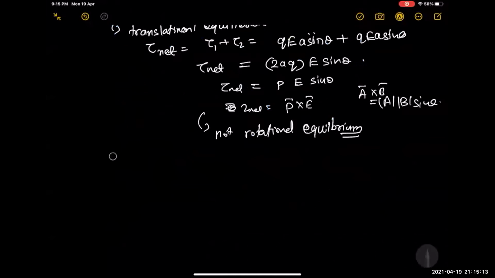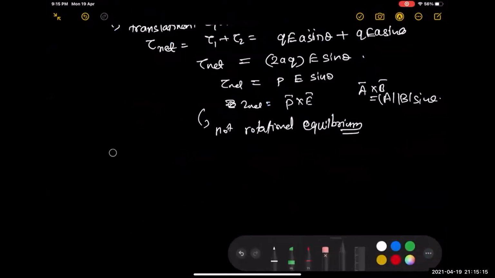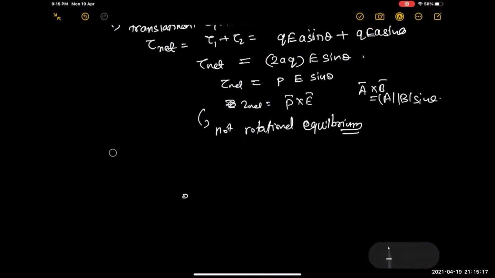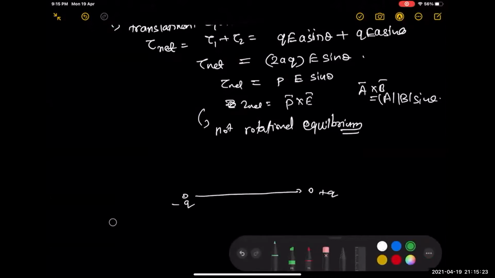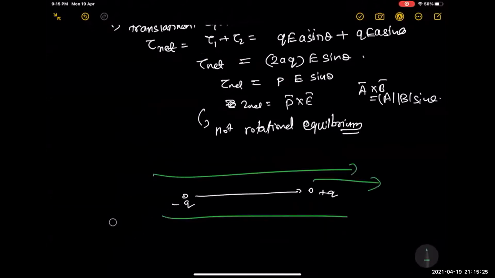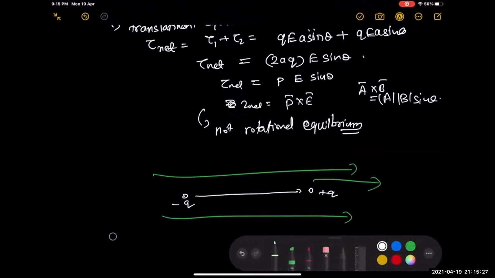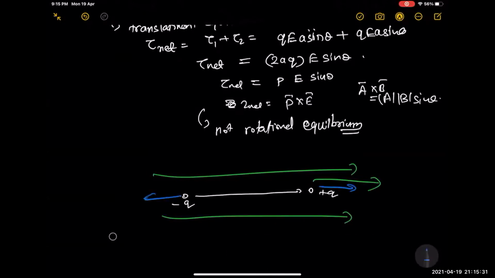See, when the dipole with minus q and plus q is straight in the line of the electric field, the force on this is like this, and the force on this is like this.